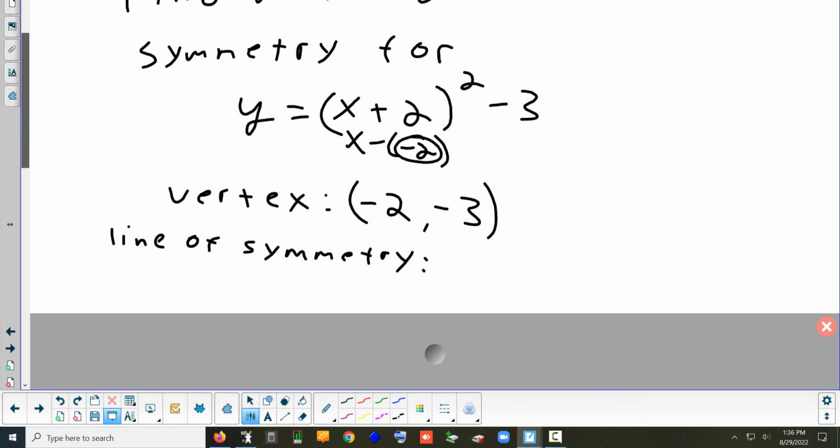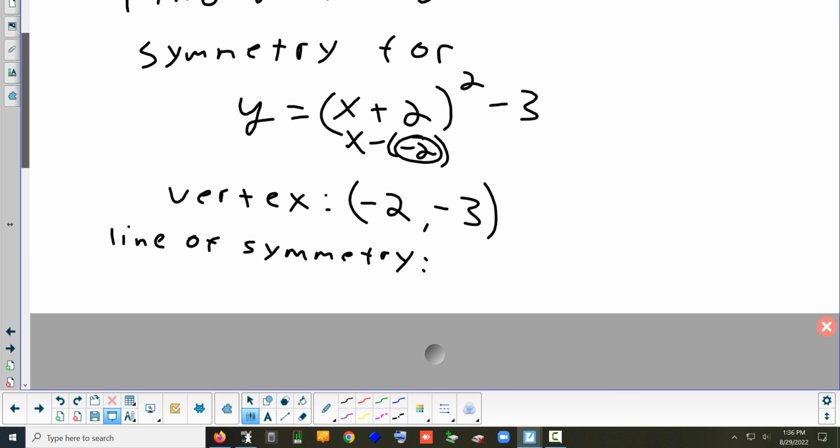Line of symmetry always starts out with what letter, for a parabola? Is the line of symmetry horizontal or vertical for a parabola? Vertical.